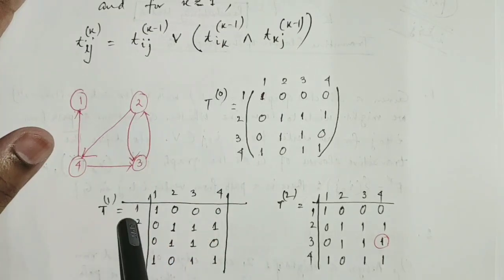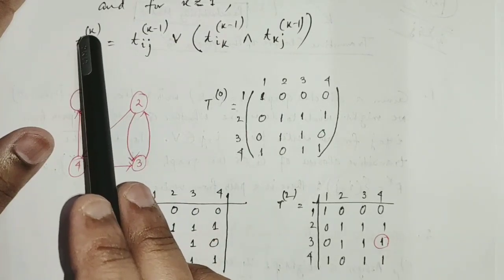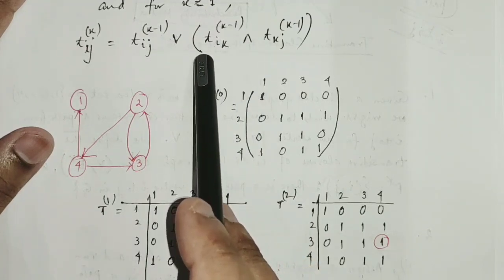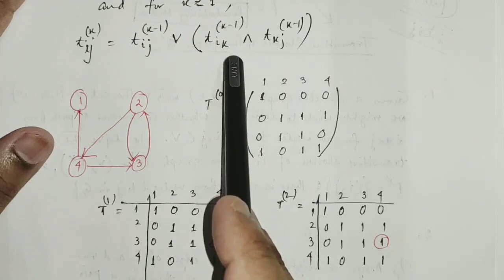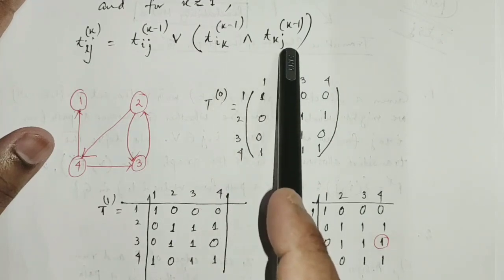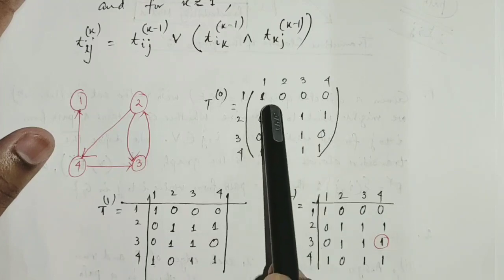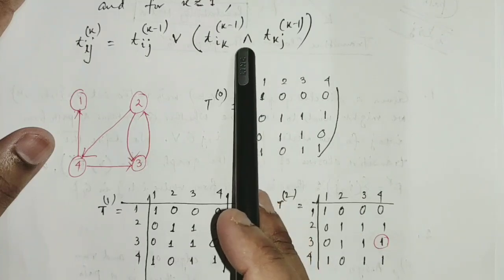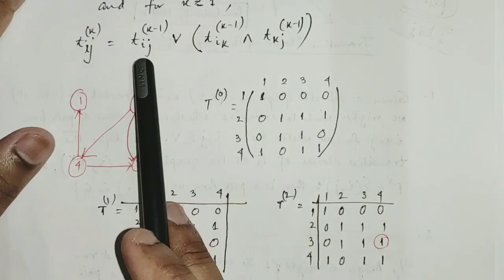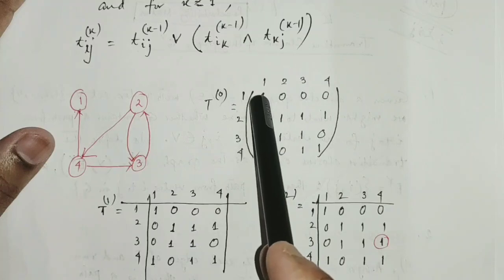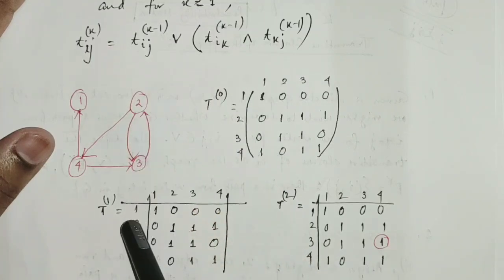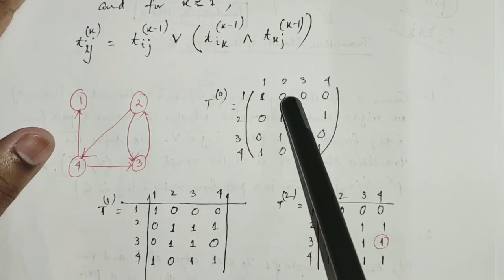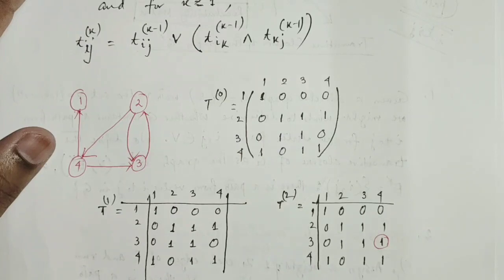You are going to calculate 1 to 2 using 1 as an intermediate. So basically it is 1 to 1, it is 1, and again 1 to 2 it is 0. So 1 and 0 is 0. But here it is i to j, that means 1 to 2. It was also 0 using the previous value, so ultimately we'll get 0 here.